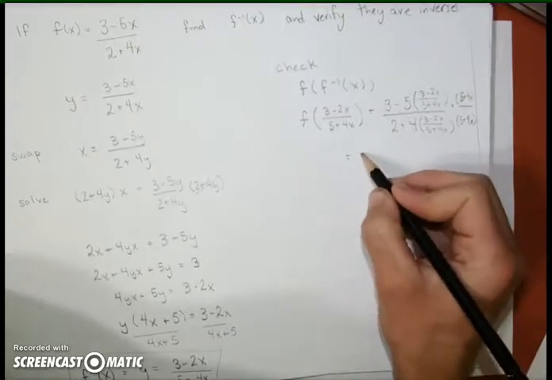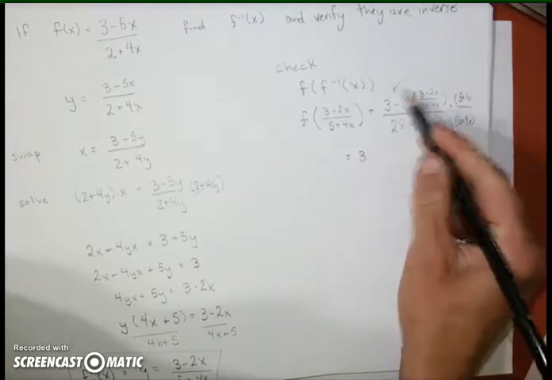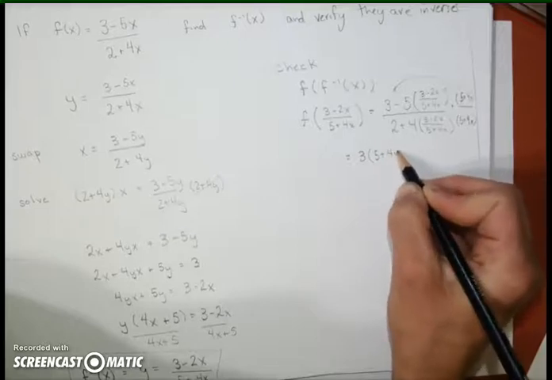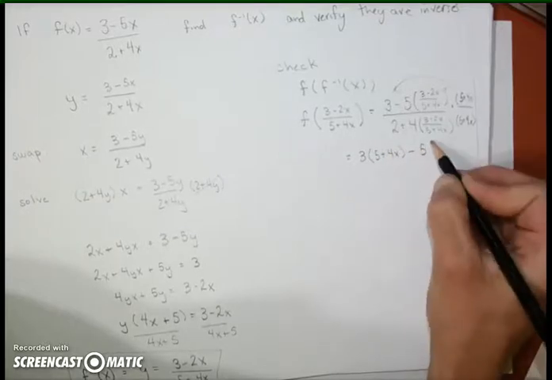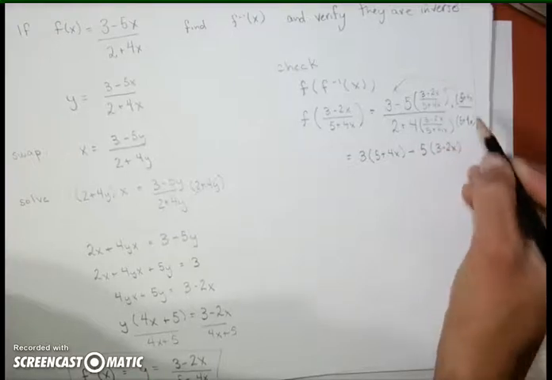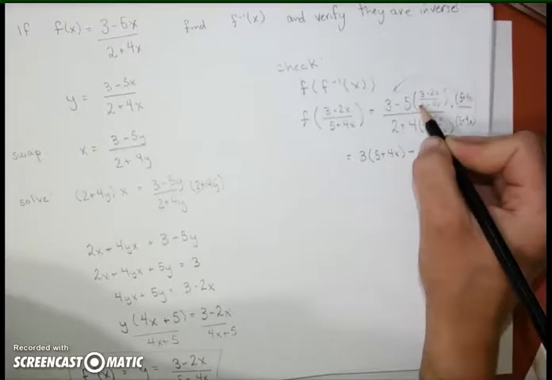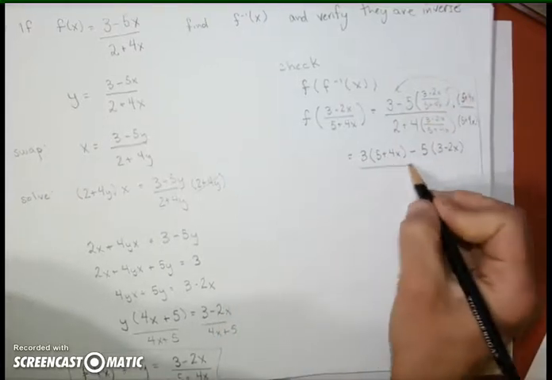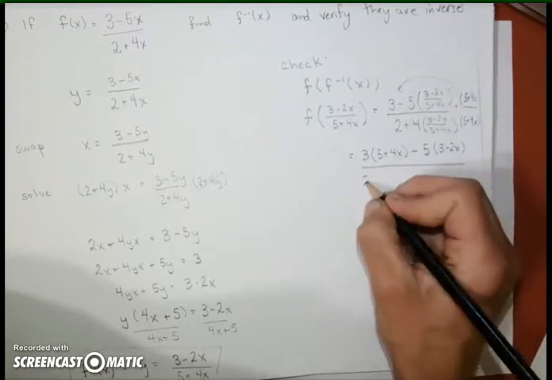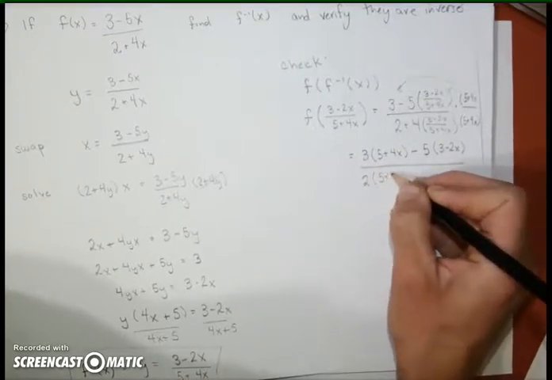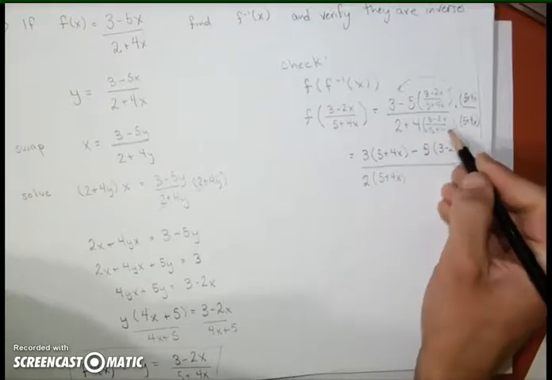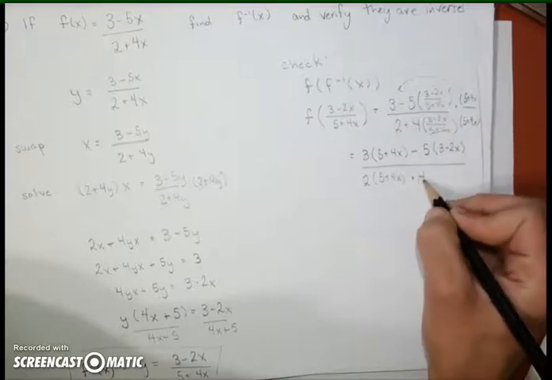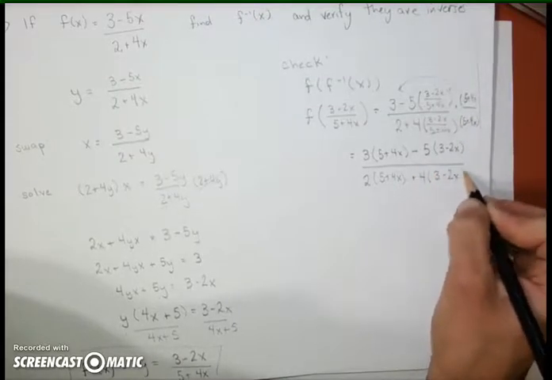So now I end up with 3. I have to distribute this to both of the terms. So I have 3 times 5 plus 4x minus 5 times 3 minus 2x. Because when I multiply 5 plus 4x by this term, this will cancel with the denominator. Similarly, on bottom, I have 2 times 5 plus 4x. And when I multiply 5 plus 4x times this term, it cancels with the denominator, so I have plus 4 times 3 minus 2x.